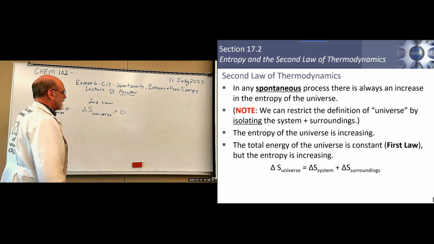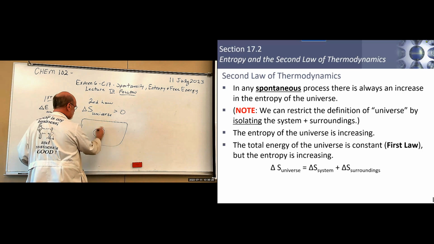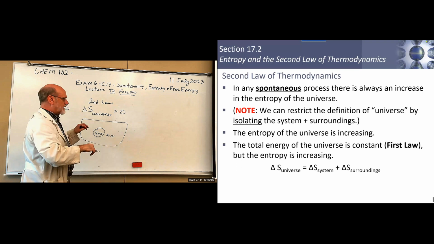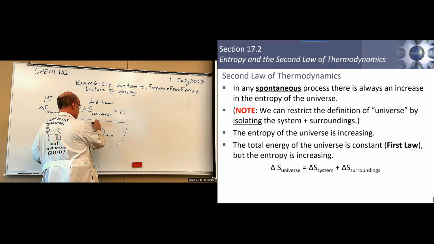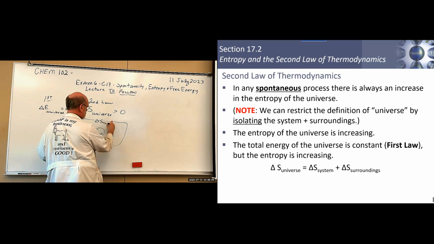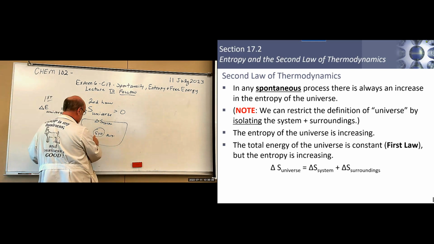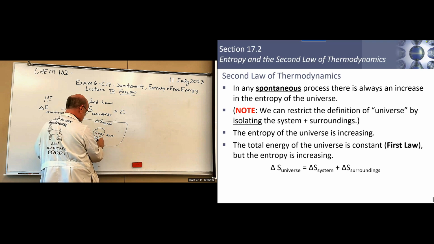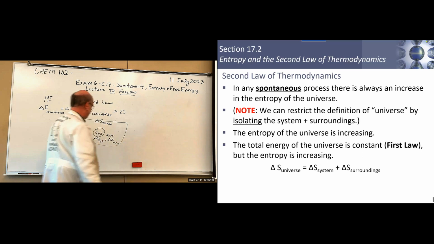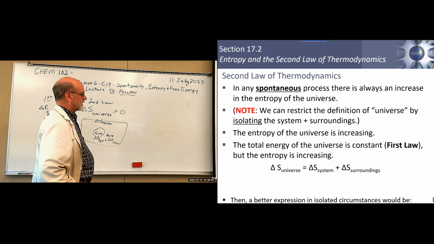Now, when we look at our localized version, where we have a system and the surroundings, then we can say that the overall change in entropy, I'm going to call this total entropy for this arrangement, is equal to the change in entropy for the system plus the change in entropy for the surroundings.